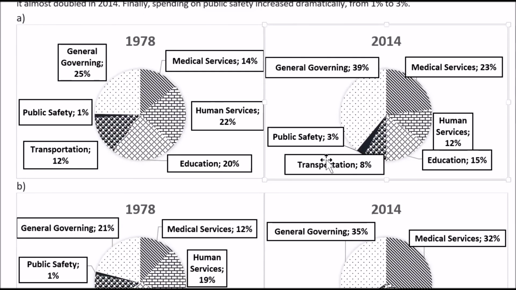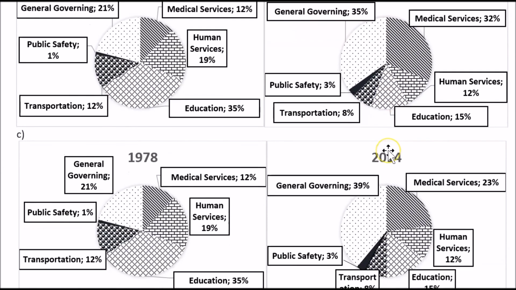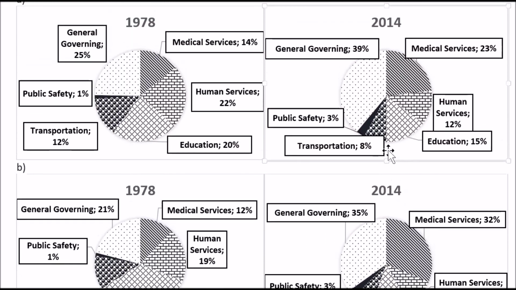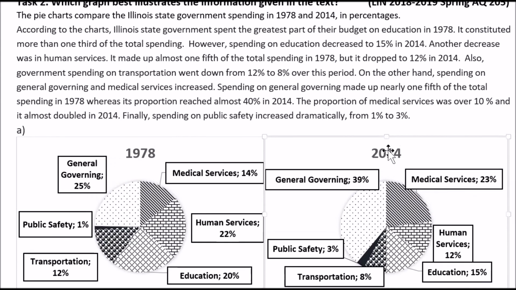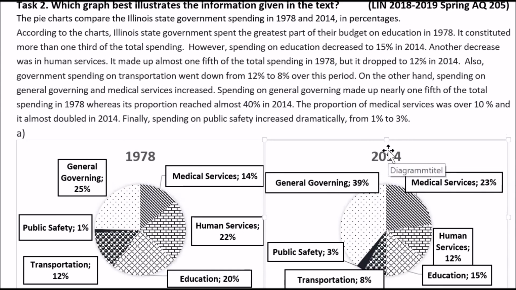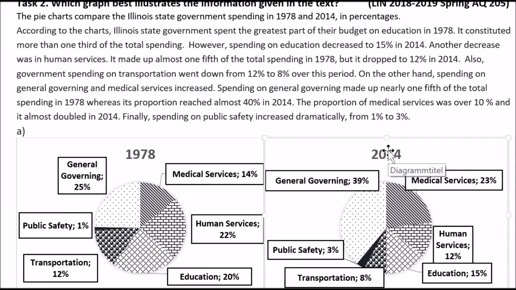Yeah, in the first choice, it's again from 1978, 2014, 78, 2014, 78, 2014. Well, this information will usually not lead us to a false illustration in the graphs, but still let's be on the safe side.